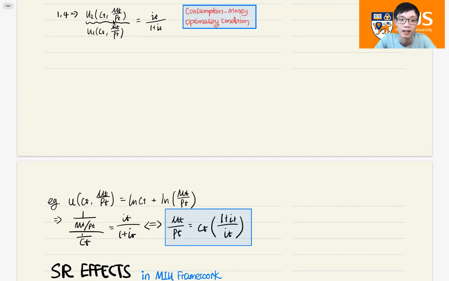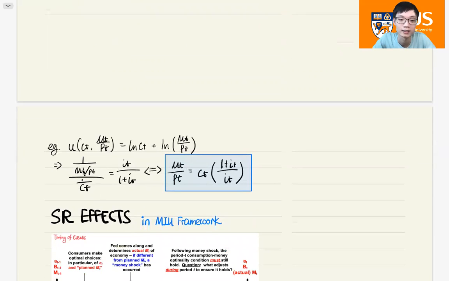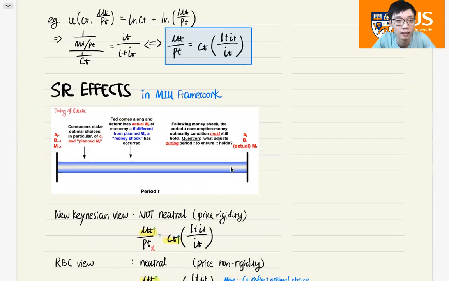That's like MUY, right? And this is like MUX, right? I think it's right. But then you derive this, and then you see, oh, the real money demand is actually very simple. So what is the short run effect of this money demand? It's a fairly simple process, right?